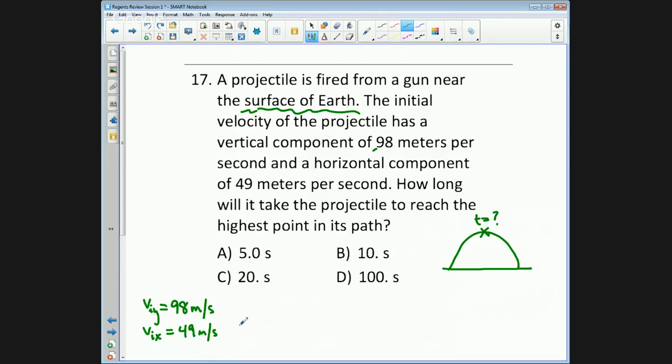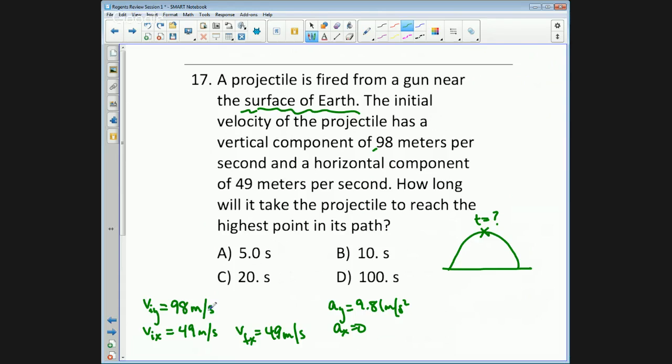We don't have an acceleration in the x direction, so I'm just going to plug ax equals 0. Ay equals 9.81 meters per second squared. And if we're stopping at this point, we need to figure out what the final velocity is. So the final velocity in the x direction is the same as the initial velocity in the x direction. It's not important. I'm just going to write it down just so that we have initial and final.